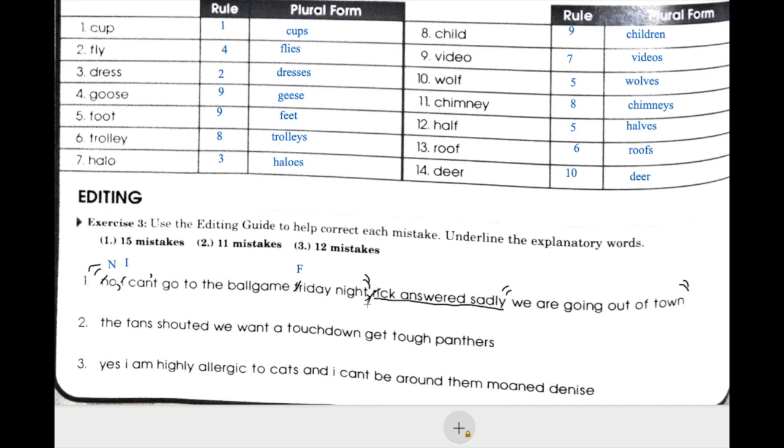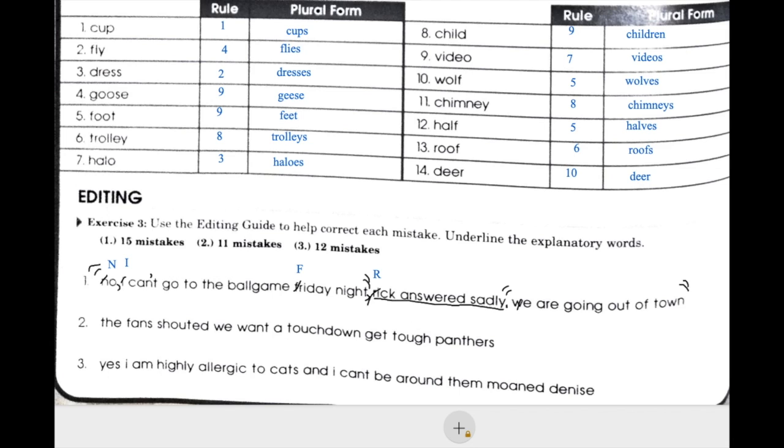Rick, we need to capitalize. It's a proper noun. Rick answered sadly. Well, this is the end of the first sentence, so we need a period at the end. Rick answered sadly, period.